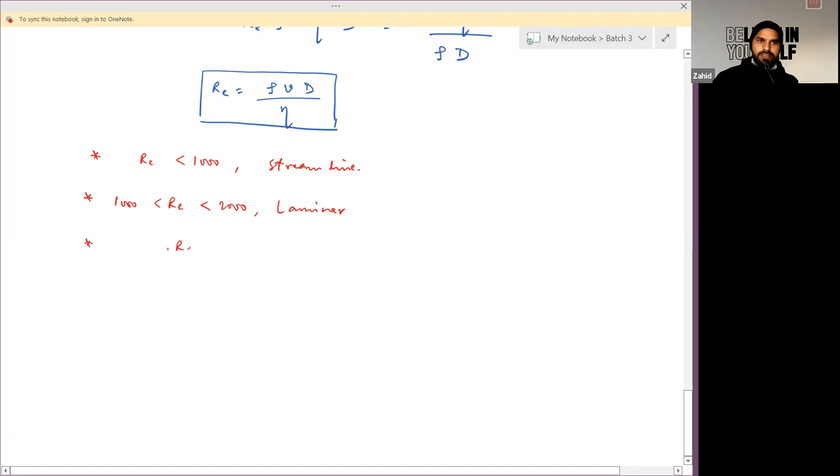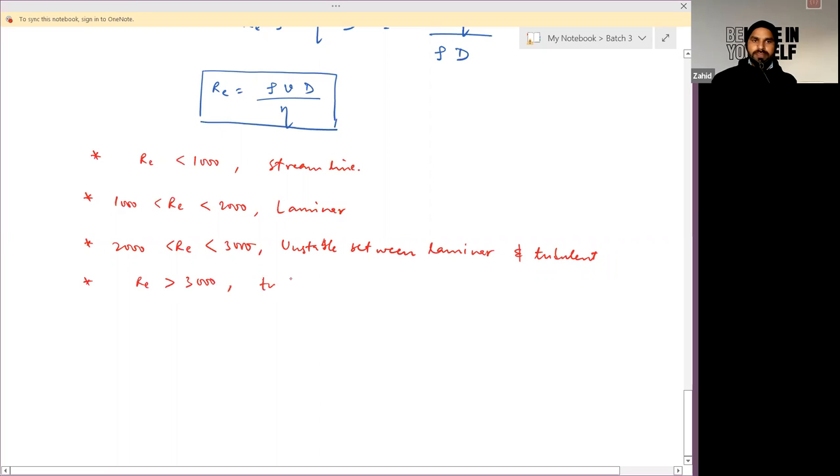If the Reynolds number lies between 2000 and 3000, it will be unstable, between laminar and turbulent. And if the Reynolds number is greater than 3000, it will be turbulent.